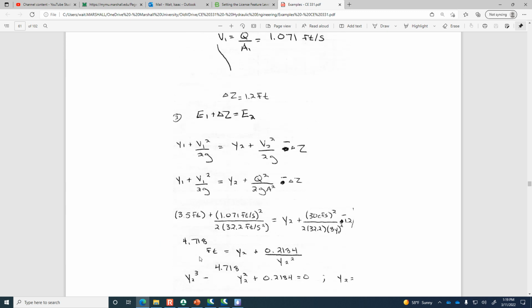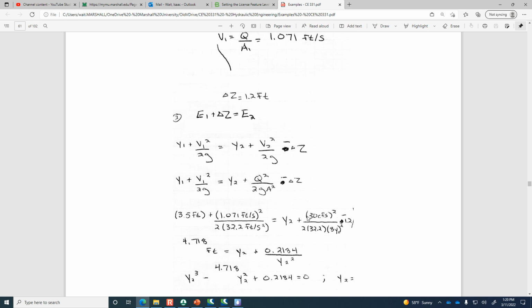So this is just showing how we go through the process of calculating the energy at 2. So it's E1 of 3.5178 plus 1.2 feet. So E2 is 4.7178 feet.